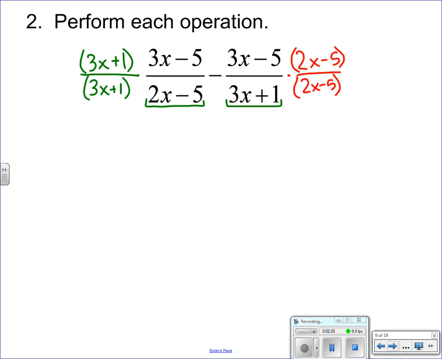Okay, and we're going to have to do a little bit of work here. So, in the bottom, we're going to have 3x plus 1 times 2x minus 5 in both of the denominators.